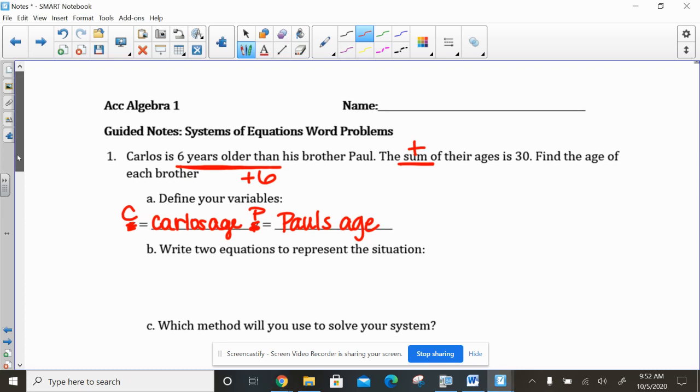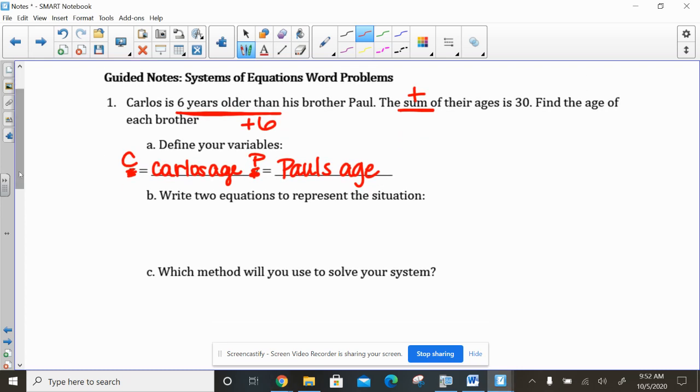Okay, so when I go to write this equation, when you are doing word problems and you see the word is, this is an equal sign. So this says Carlos is. Well, Carlos is represented by C. Is an equal sign. 6 years older than his brother Paul.